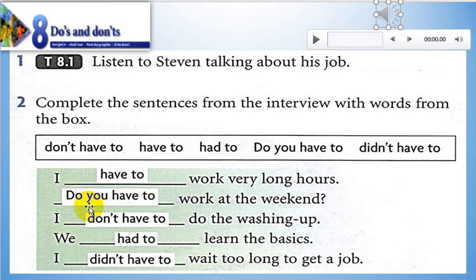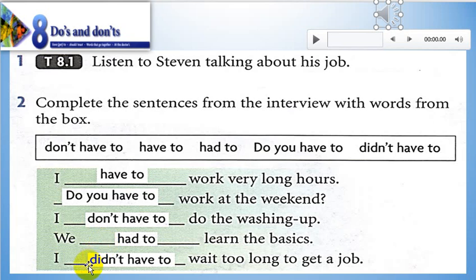The second is about using have to plus infinitive in the question form, using do in the present tense. Then about negative statements, don't have to. In the fourth sentence, using have to in the past tense. Of course, it would be had to. تبدل أو نحولها إلى had to.